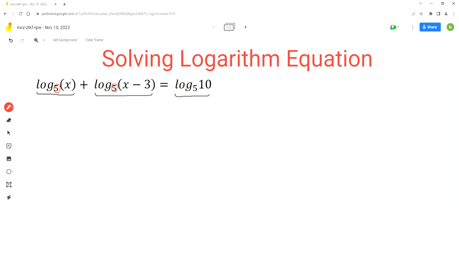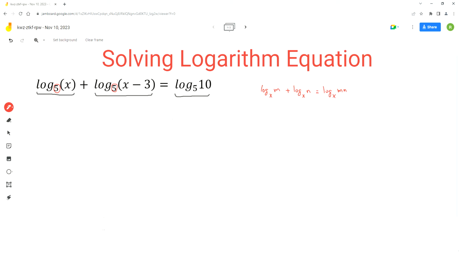As per this law, log of base x term m plus log of base x term n can be combined by multiplying the terms, and the base stays the same. So these two log terms have been combined into a single log term. The base stays the same as x and we multiply m by n.